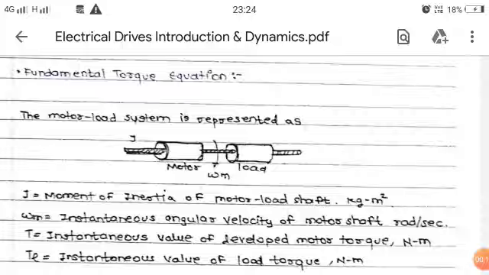Today we are going to see the fundamental torque equation of electrical drive or motor load system. So you can see the picture in which a motor load system is shown.